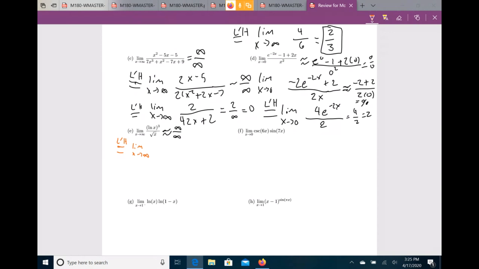Okay, so the derivative of ln of x cubed, you're going to have to use the chain rule here. So the outermost function is the power rule. You'll bring the 3 down, still have ln of x in there, squared, times the derivative of ln of x, which is what?